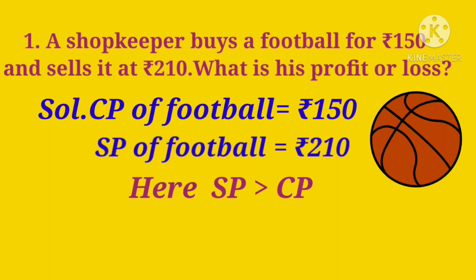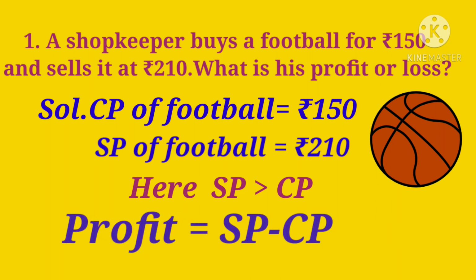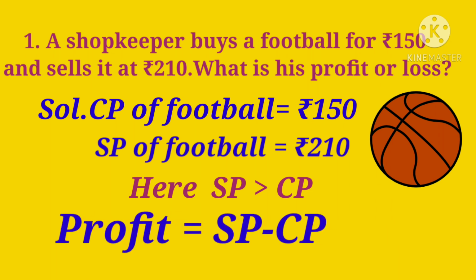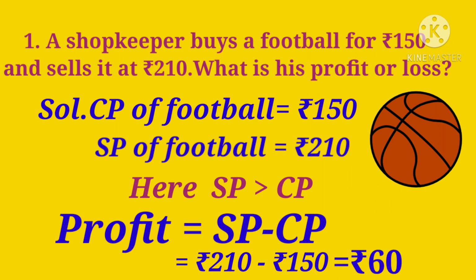Here the SP of the football is greater than the CP of the football, so it's very clear that the shopkeeper makes a profit. And to calculate the profit, we use the formula SP minus CP. So when we subtract rupees 210 minus rupees 150, we get rupees 60. So the shopkeeper makes a profit of rupees 60.